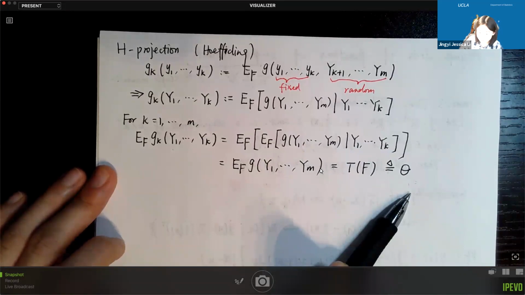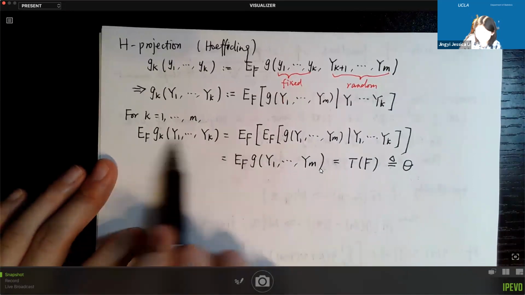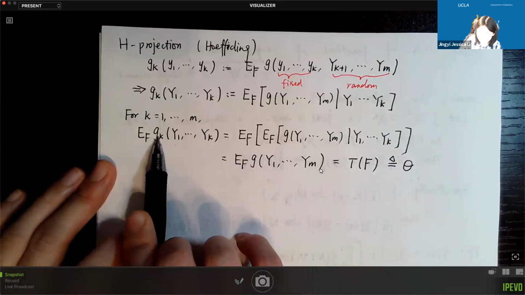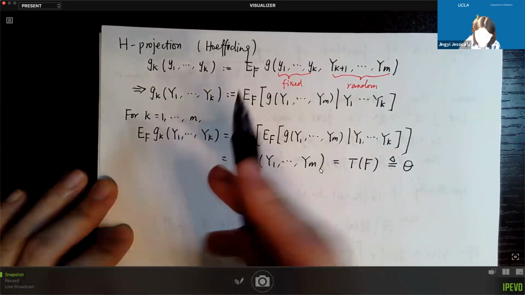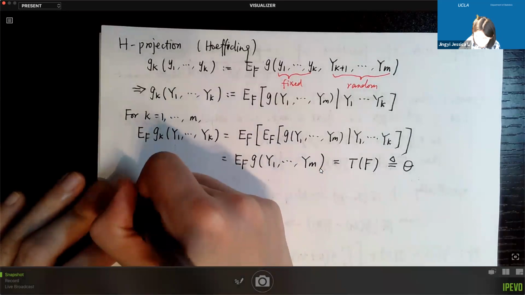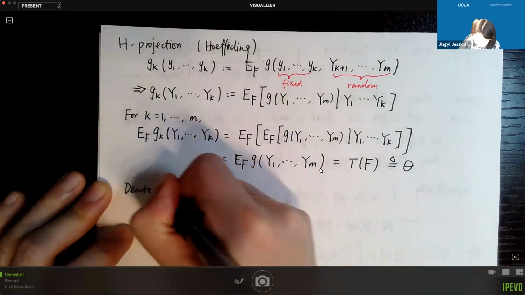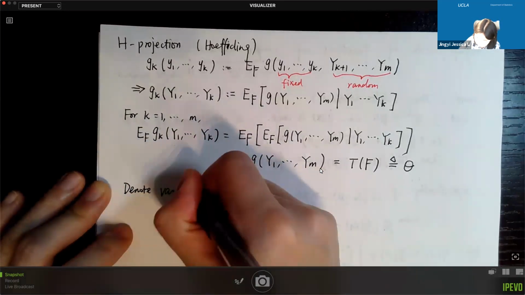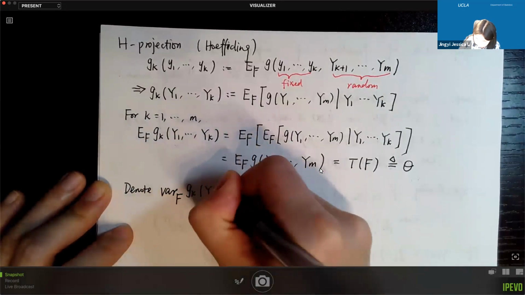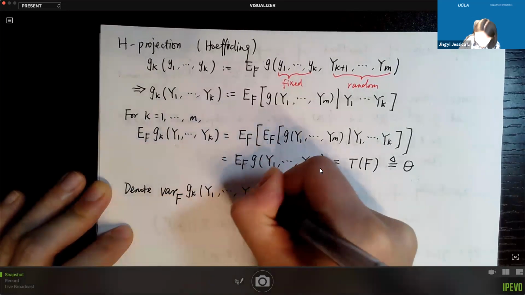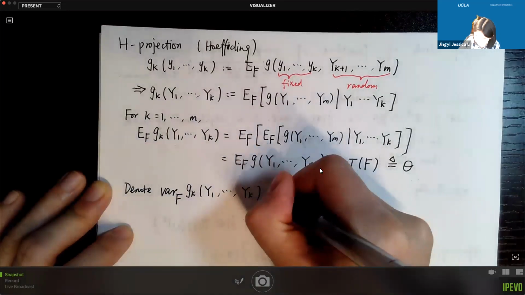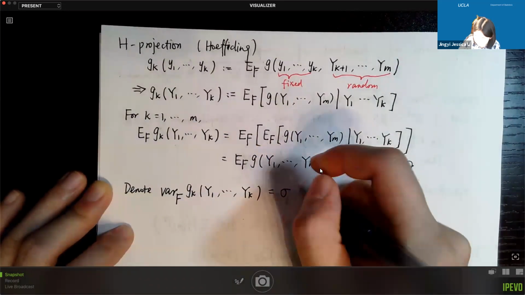Okay, and furthermore, given the same expectation, let's define the variance of g_k(Y1, ..., Yk). Let's give it a notation. Denote the variance, still under the distribution F, of g_k(Y1, ..., Yk) to be sigma_k squared.